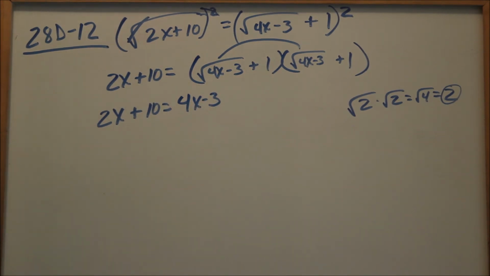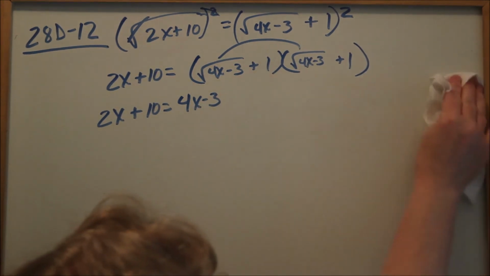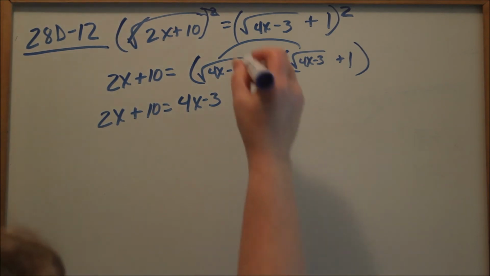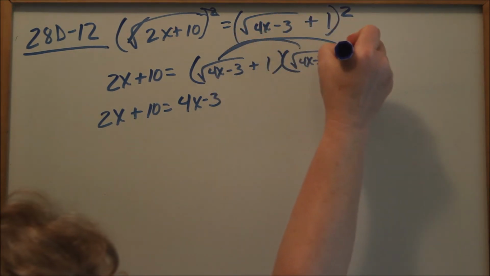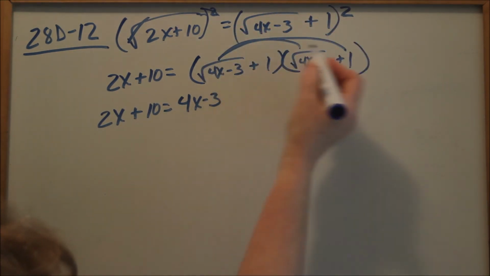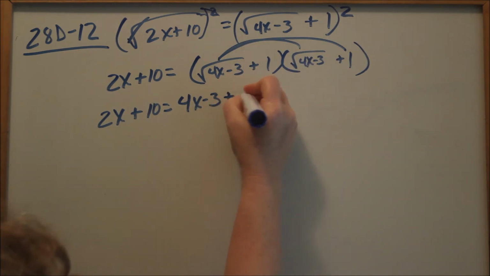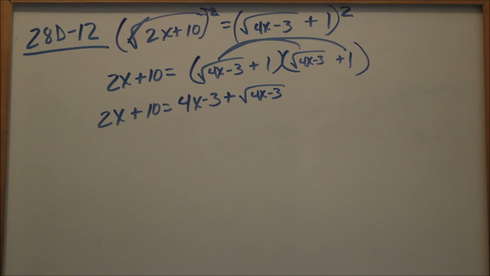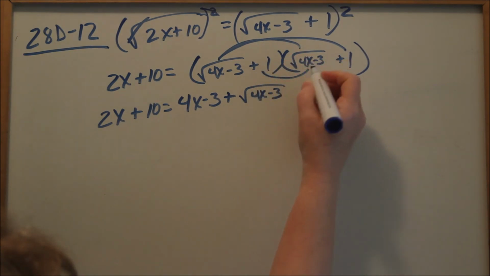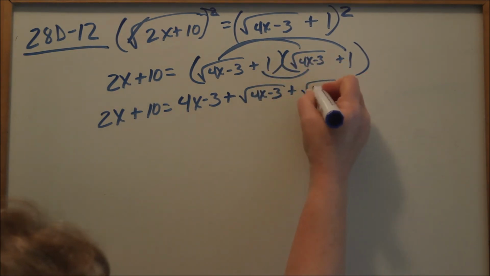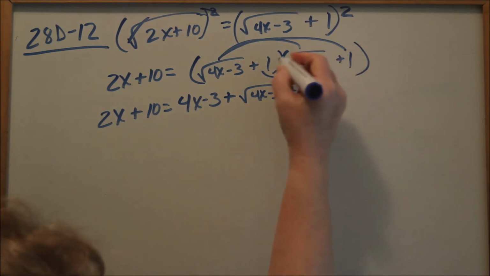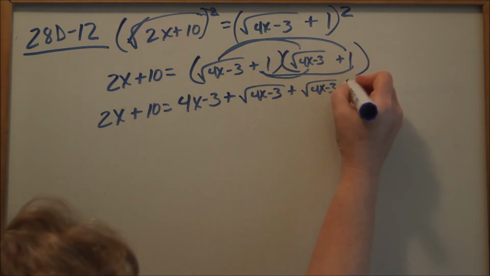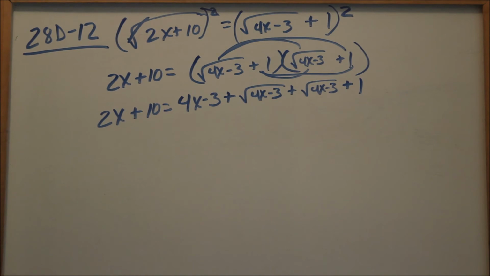The radicals cancel each other out. Okay, then we take this times that. Well, the square root of 4x minus 3 times a positive 1 is just a plus square root of 4x minus 3. Now let's take that 1 and distribute it to everything. So that would be a plus square root of 4x minus 3. Then a positive 1 times a positive 1 is a positive 1.